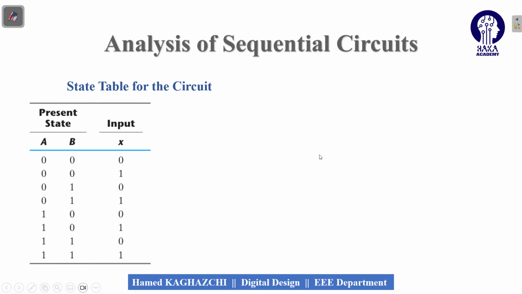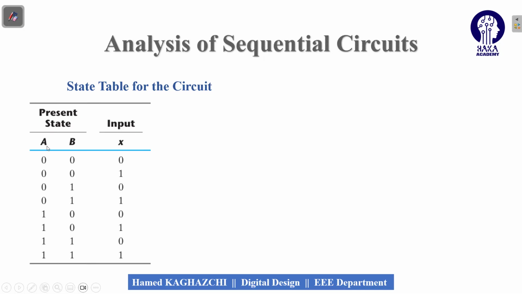Now, let's start talking about the state table. In the case of the present state, because we have two flip-flops A and B, and each output is 1, we have to write one variable for one of the flip-flops, another variable for the other flip-flop, and also X as an input.